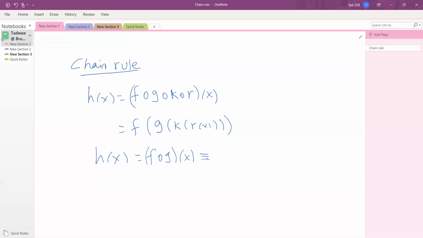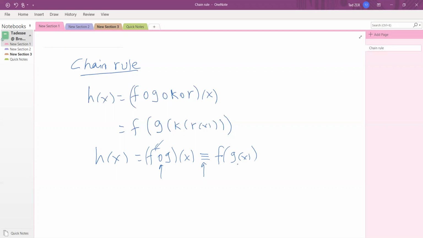This is the definition, f little o g. Little o, or composition, is an operation like addition or subtraction. The definition of a composition is evaluating what we call an outer function with respect to the inner function. That's what composition or chain means.